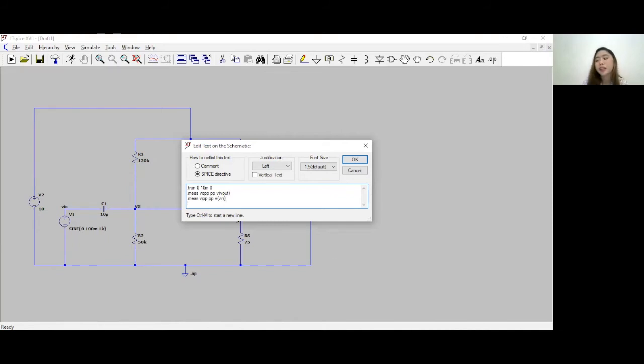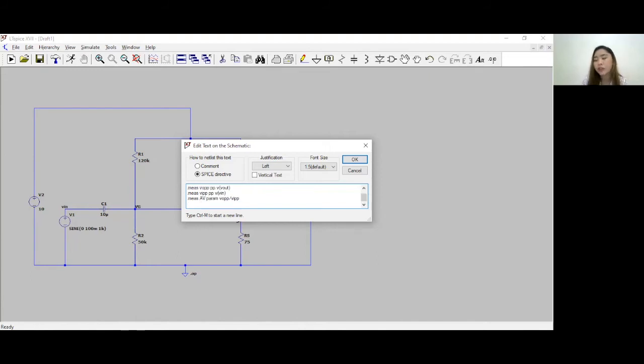And for the average voltage gain, we will use .param AV, and since its value is equal to the voltage output over voltage input, we will input VOPP over VIPP.